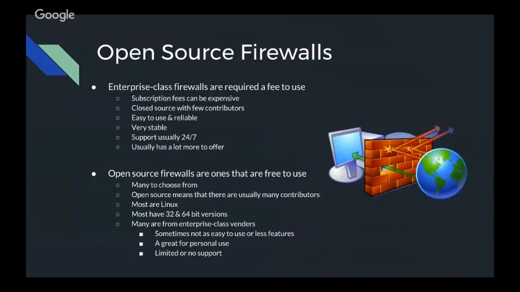However, enterprise class firewalls are really easy to use and flexible, and they tend to be very stable. They have a lot of support that is usually 24/7, and they usually have a lot more to offer than open source firewalls.